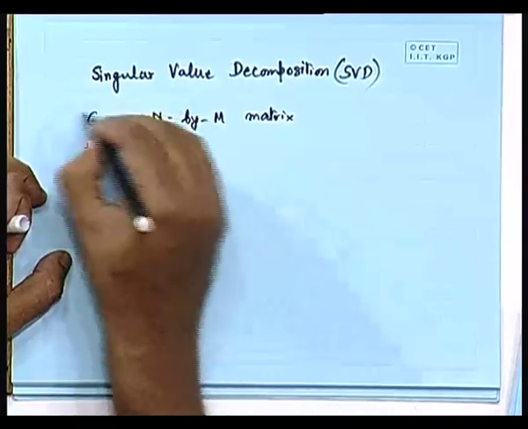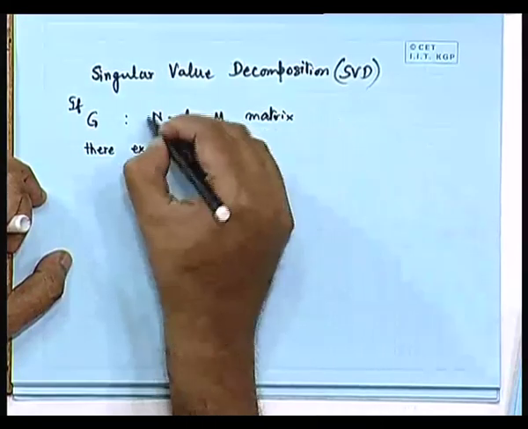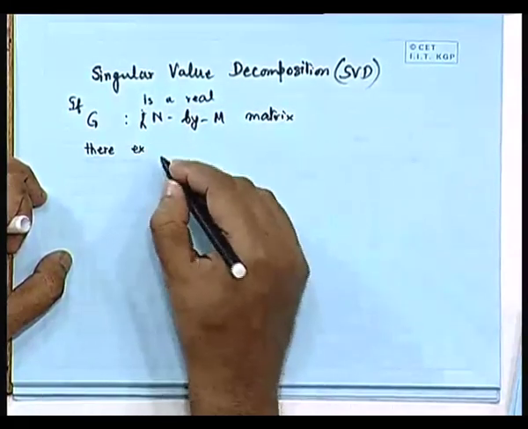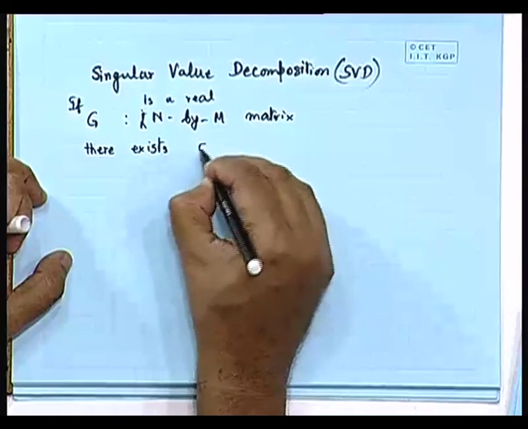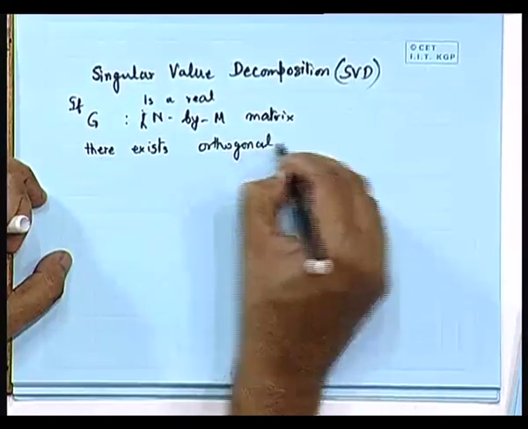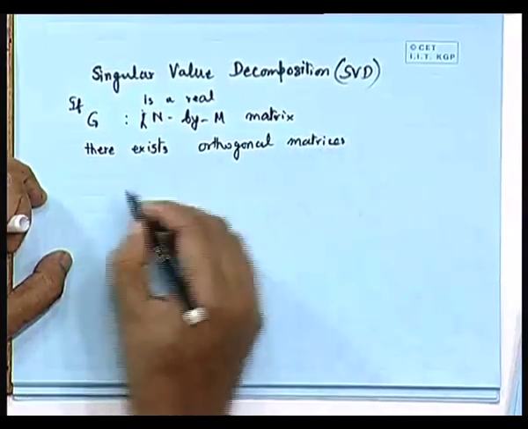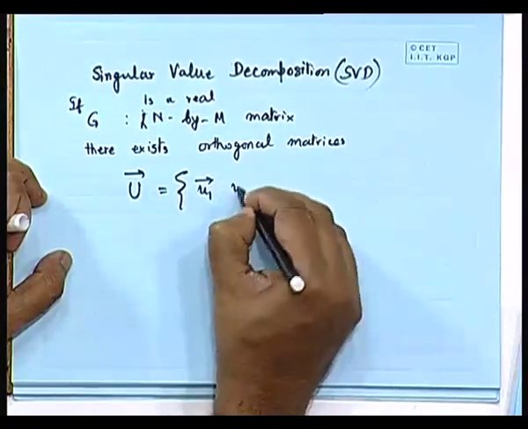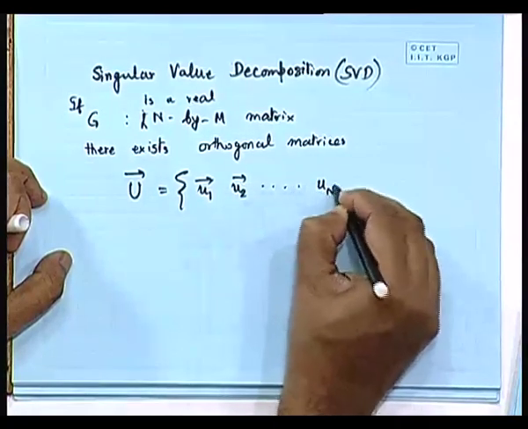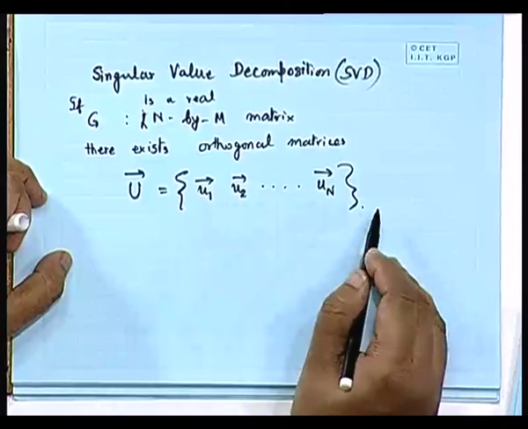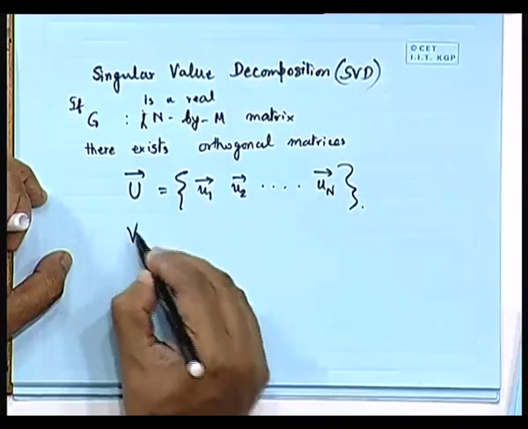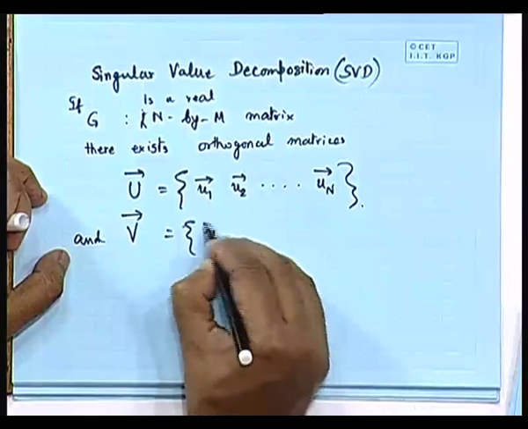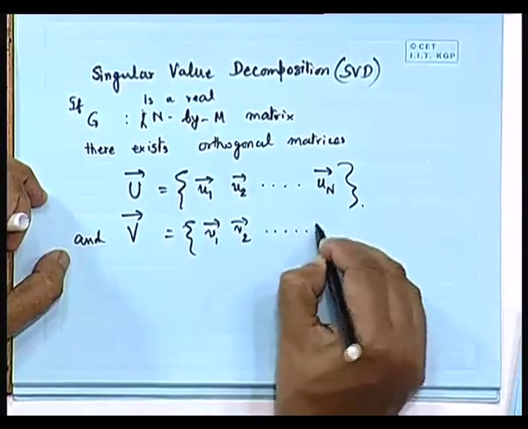If G is a real n by m matrix, then there exist two orthogonal matrices, which we define as a U matrix, consisting of n vectors u1, u2 up to un, and another matrix V, consisting of m vectors V1, V2 up to Vm.